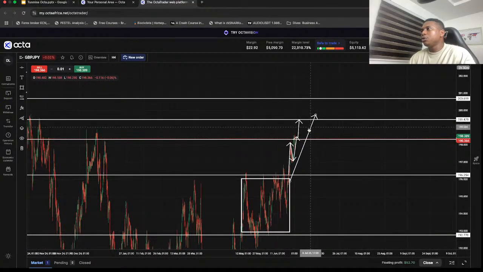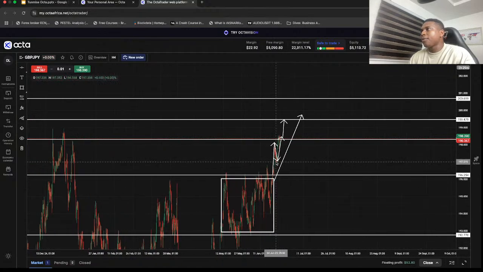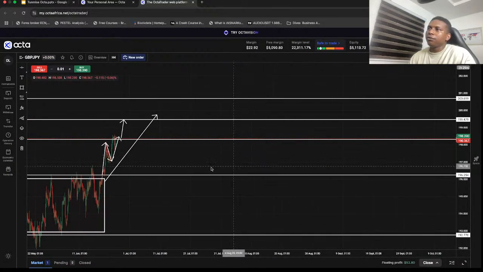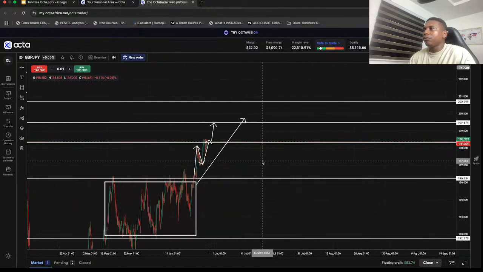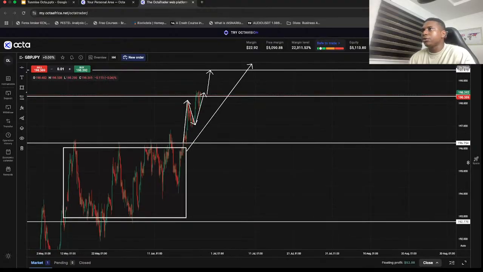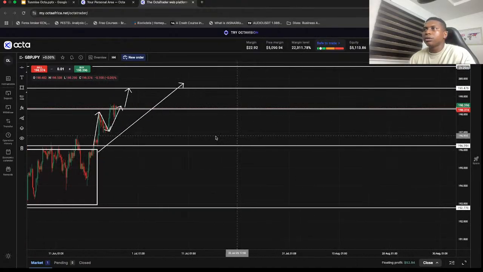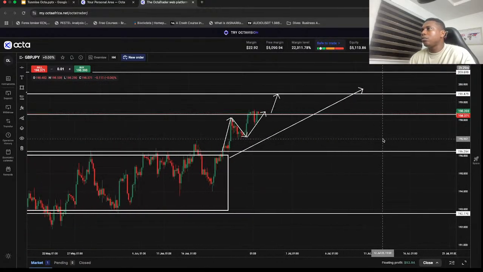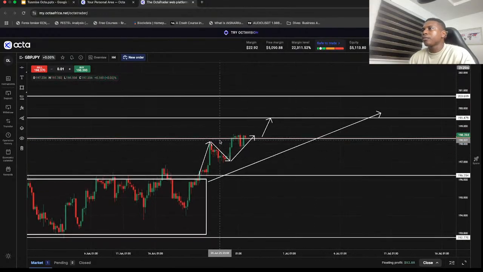So this would be your first target for intraday traders, and so here now, from here we are targeting this level, and after this level we are targeting this level.